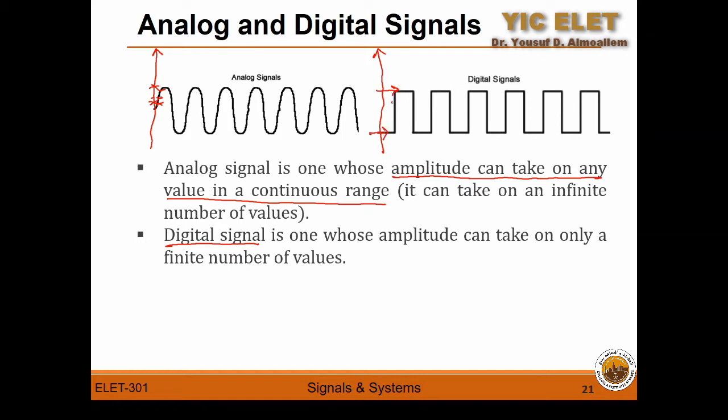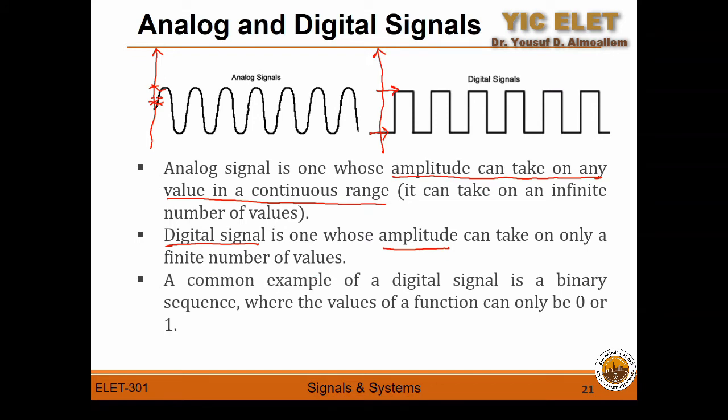It could be 2 values, 3 values, or whatever number of values, but it is a digital signal. So the amplitude, which is the vertical axis, in digital signals takes only certain numbers. A common example of digital signals is the binary sequence, which takes only 0 or 1. So it cannot have 0.5 in this digital system. Compared to the analog, if this is 1 and this is 0, it could take 0.5 in between.